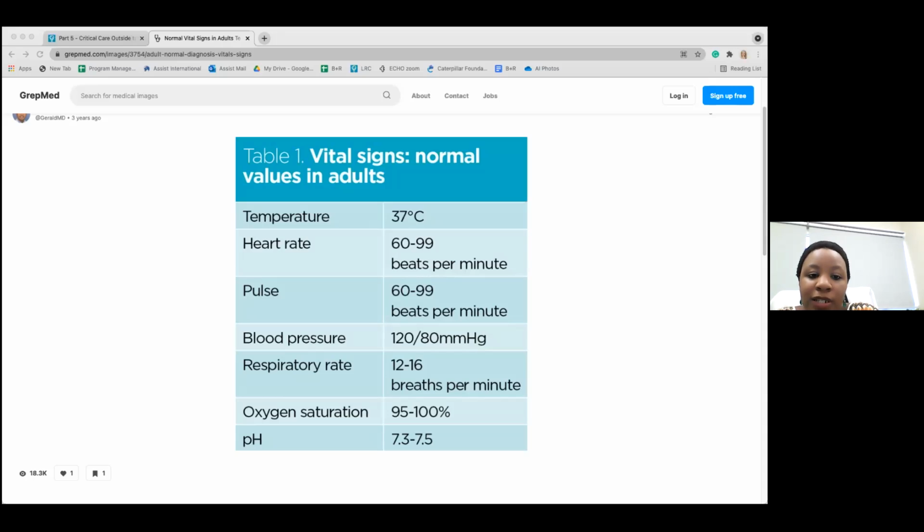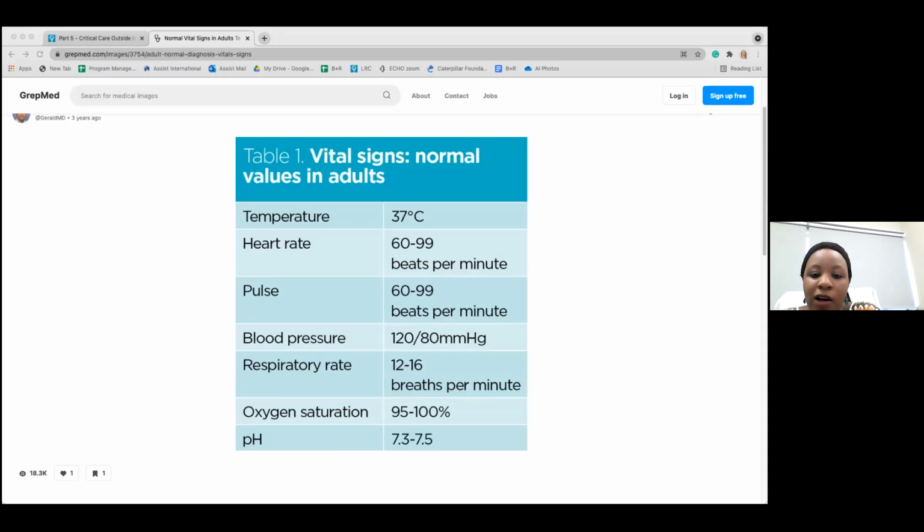In a normal adult, we consider the normal respiratory rate to be between 12 and 18 breaths per minute. And of late, with the advent of COVID-19 infection, you cannot talk about vitals in a patient with COVID without checking your oxygen saturation. So typically, you want to have a value above 96 or above 95 in your patient.